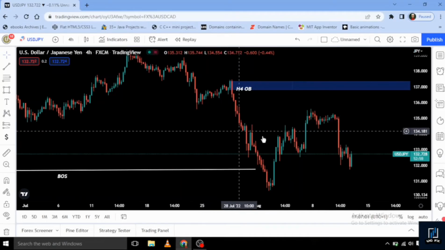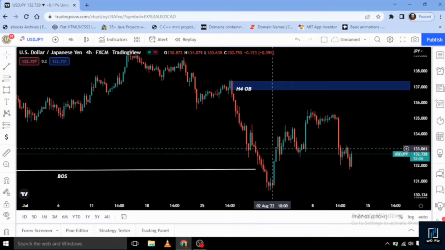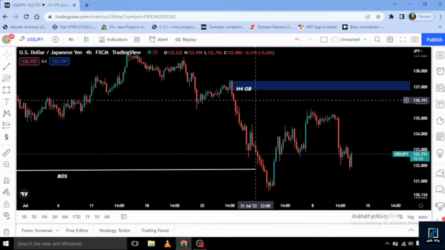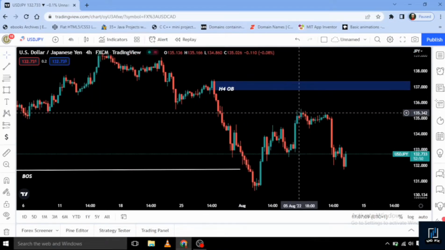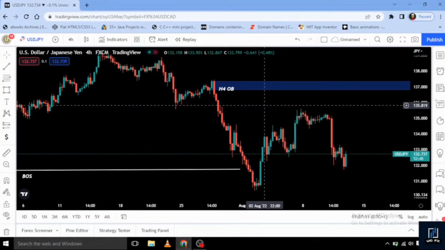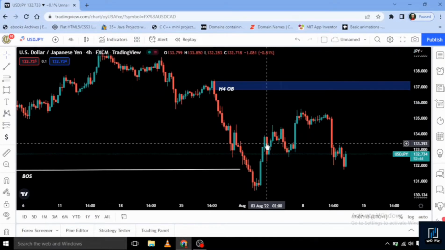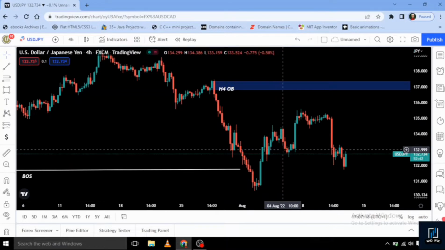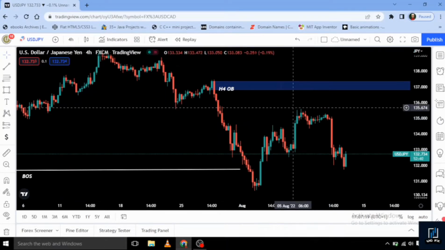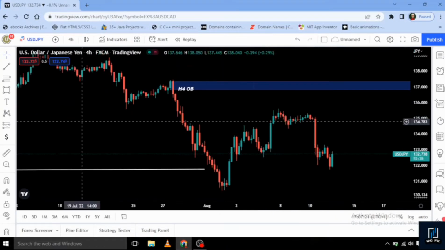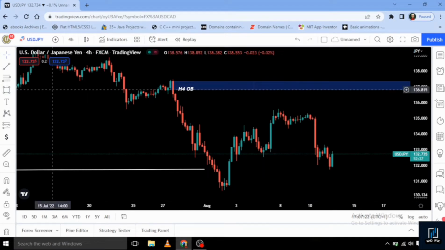The smart money needs to trap traders to come back and tap into this order block or into your discount levels. They needed sellers in this case to tap into these discount levels. So here we had liquidity in form of equal highs.